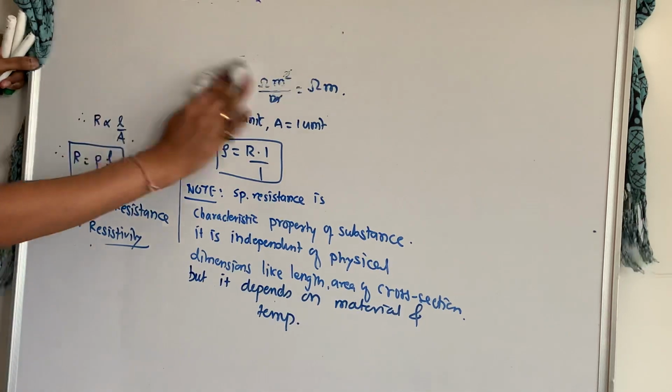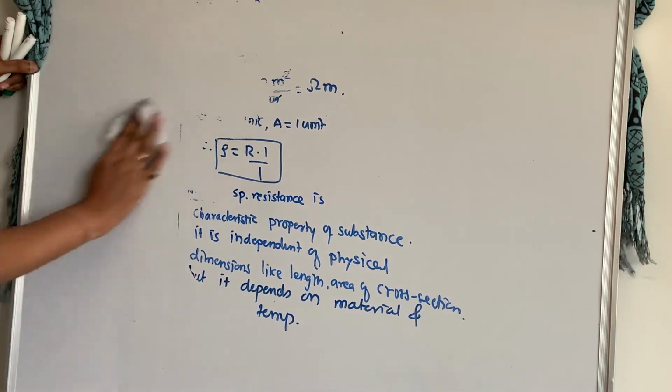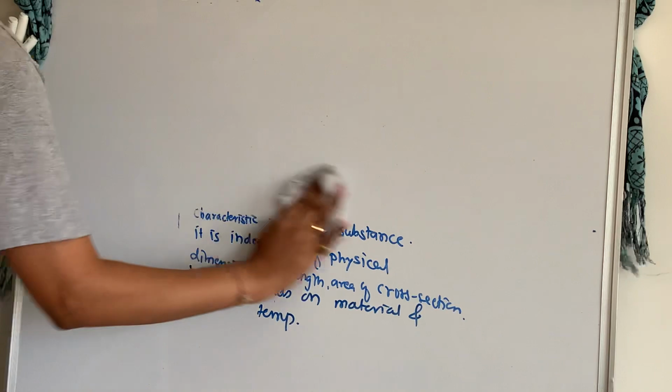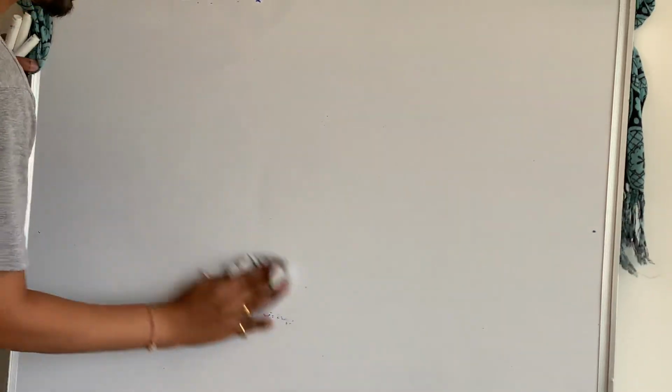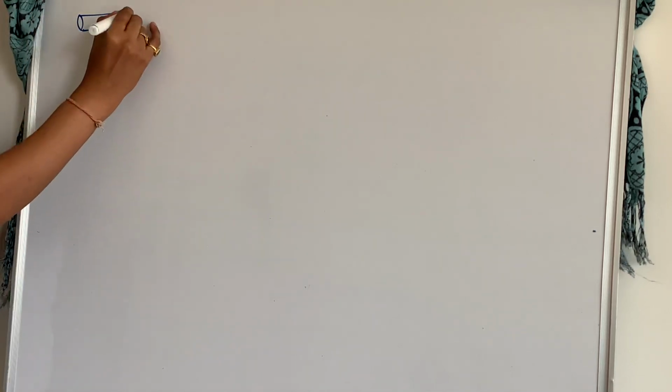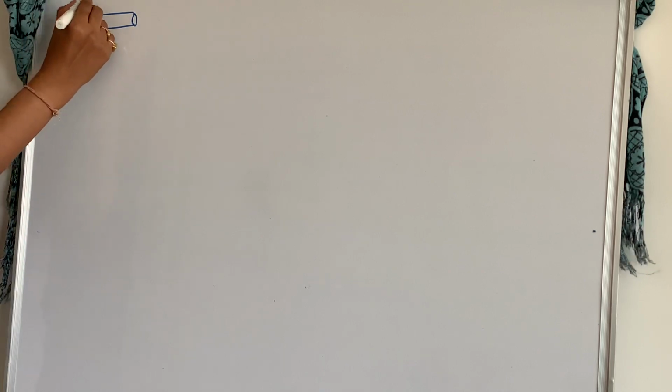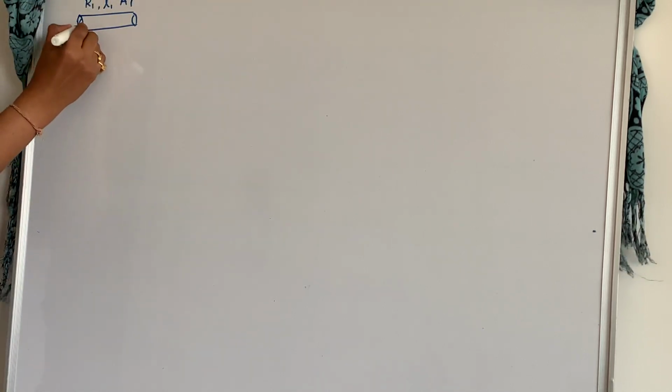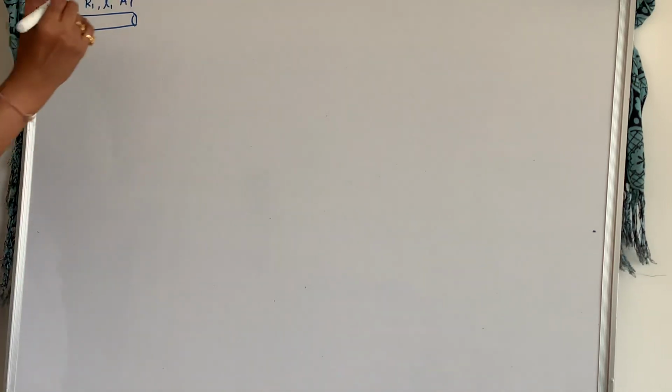You have, say, this in 9th or 10th standard. Okay. Now just check here. Suppose you have a wire. This wire has resistance R1, length L1, and area of cross section A1.